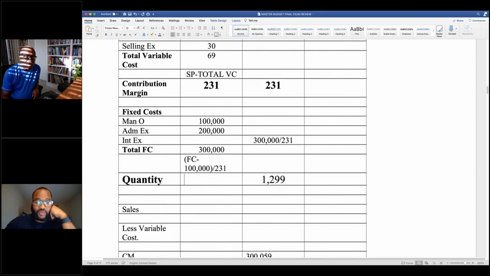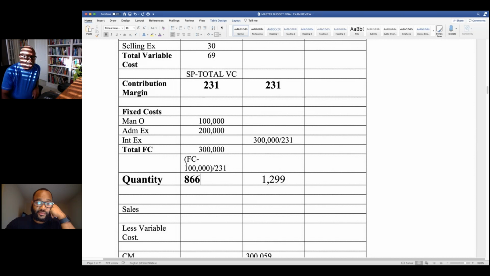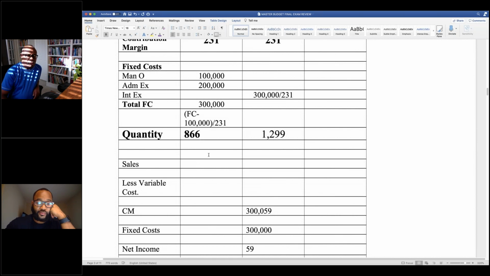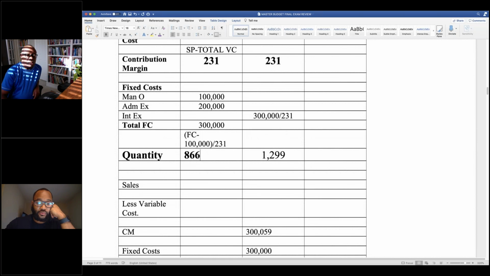So then all you have to do is go back and multiply that by the selling price, correct? Well, we're going to use a shortcut approach, Terrell. We're going to multiply 866 times 231. How much is that? It should be 200,000. Multiply it out and see. 200,046, yeah.